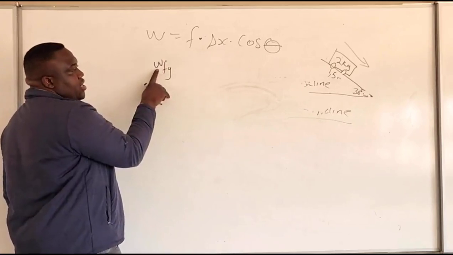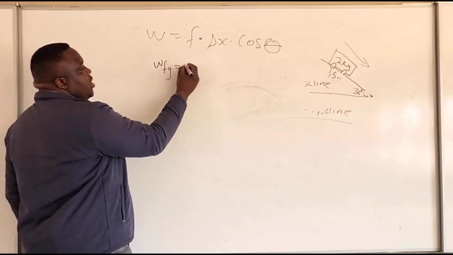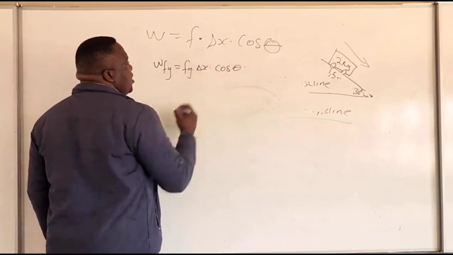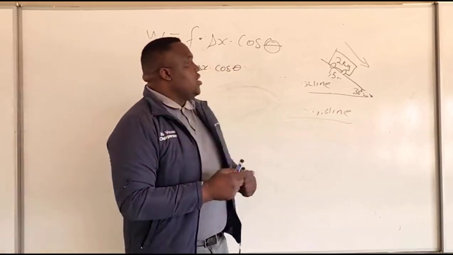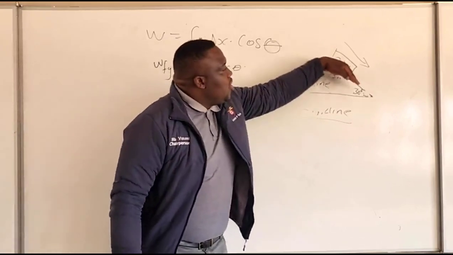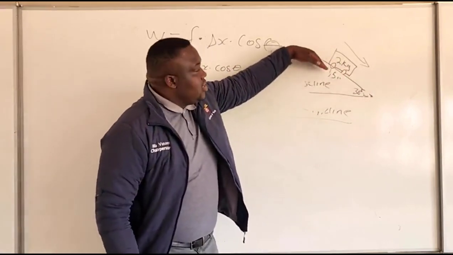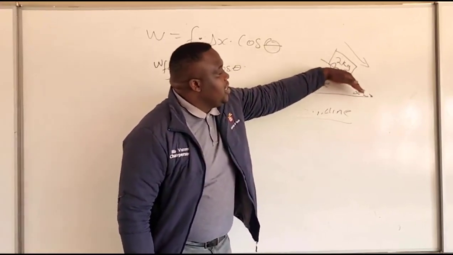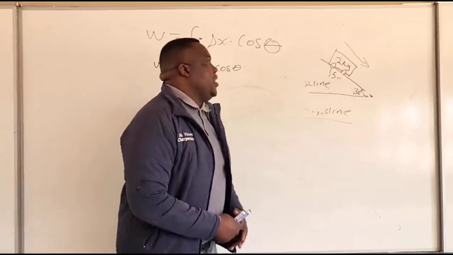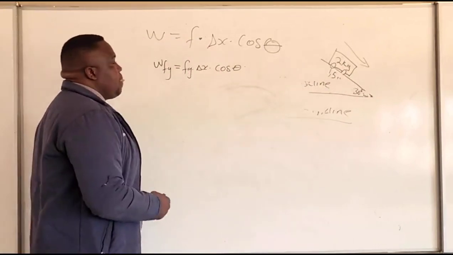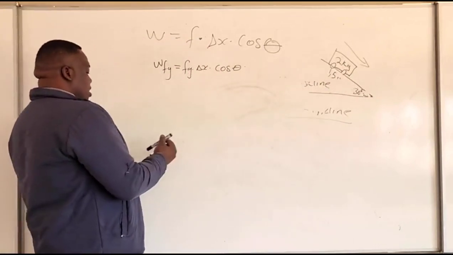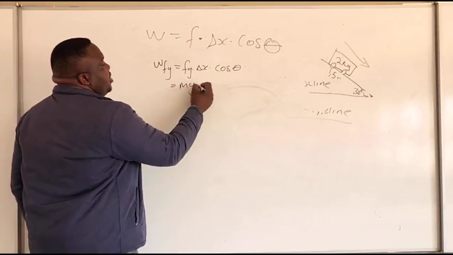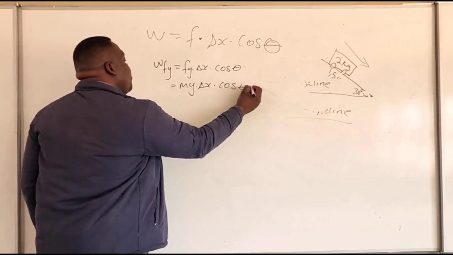I write W_Fg is equal to Fg multiplied by the displacement of Fg, and since the object is moving on this surface, the Fg which is making an impact here is the Fg parallel. You'll see when I use the other formula. So here I'm going to write Fg, which is mg, delta x cos theta.